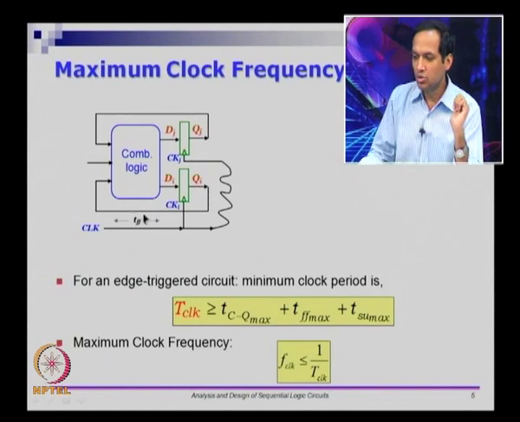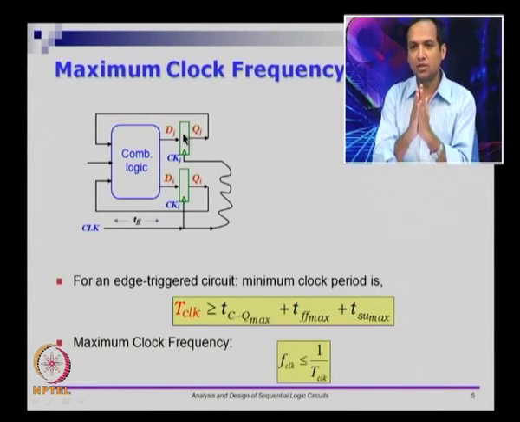Then you go through the flip flops, that is the FF delay, and then you still have to account for the setup time of the flip flop here. If I am looking at the constraint from QI to DJ, it is the clock to Q delay of this flip flop plus the path through this combinational logic plus the setup time of this flip flop.